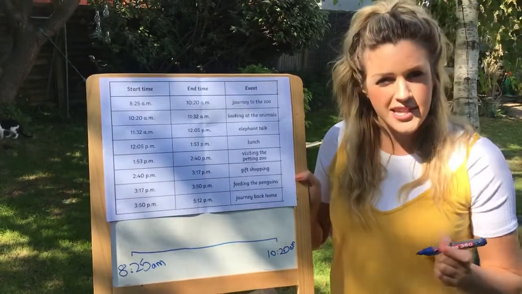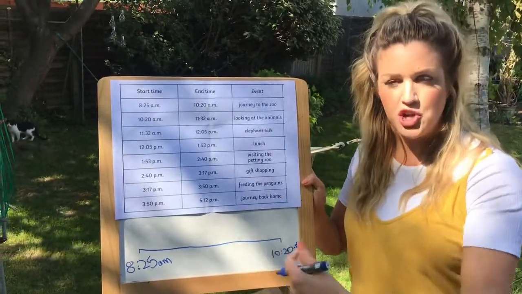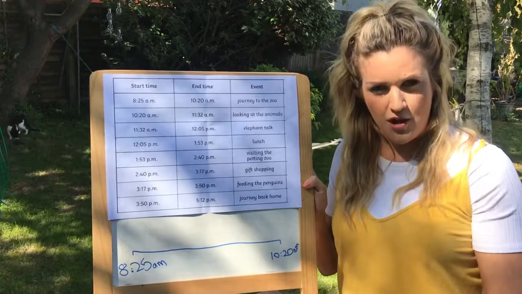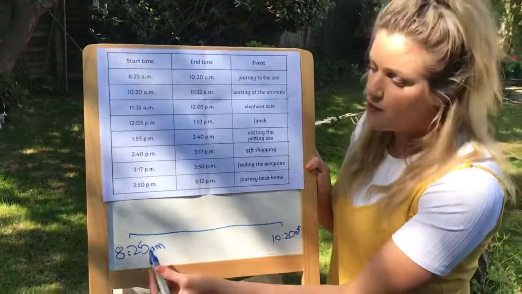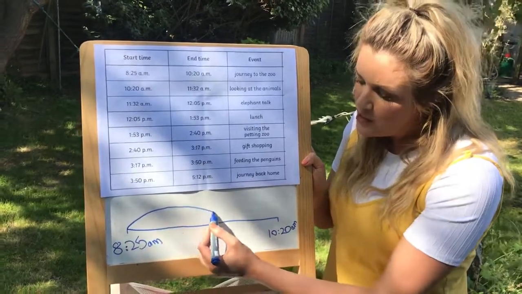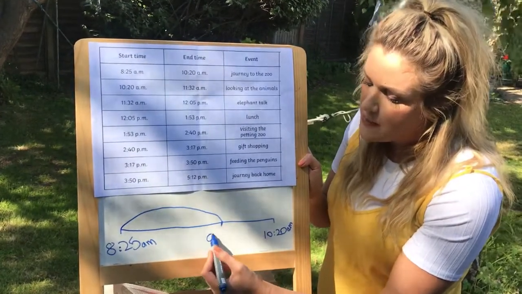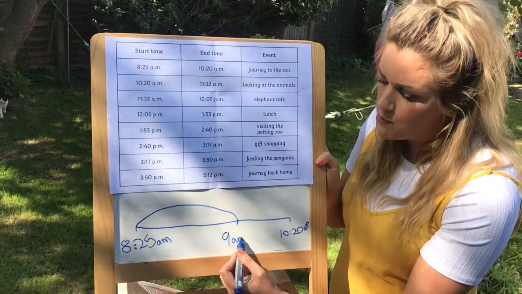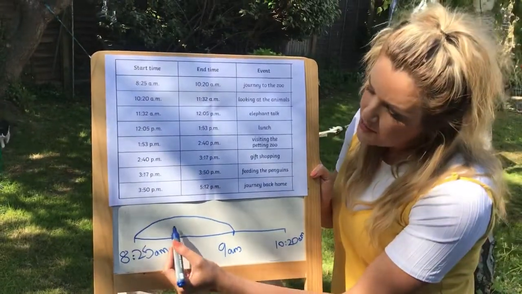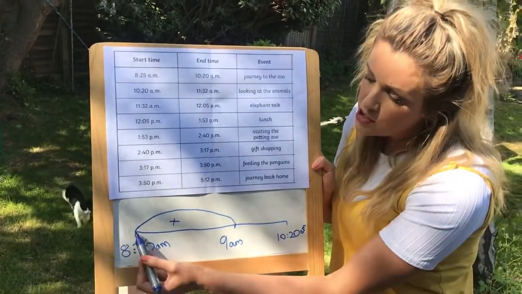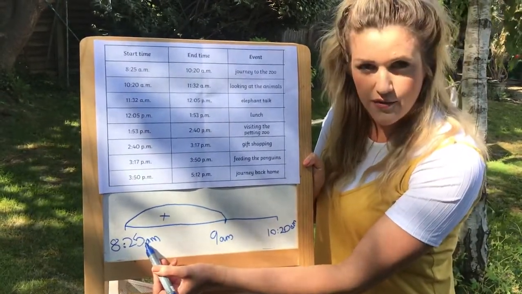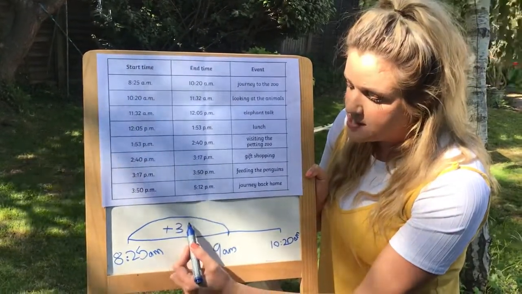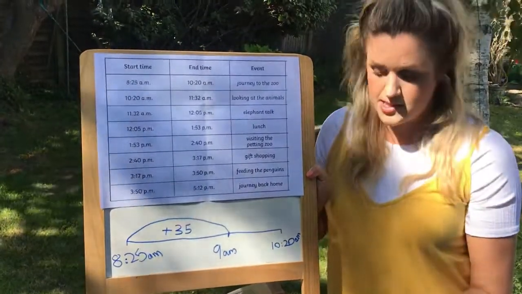So my first tip is to try to bridge to the next hour, the next o'clock. If we're on 8:25, our next full hour is going to be 9 a.m. So think about how many minutes you have gone through to get to 9 a.m. from 8:25. It's 35 minutes.